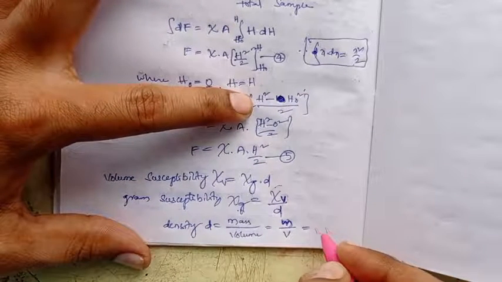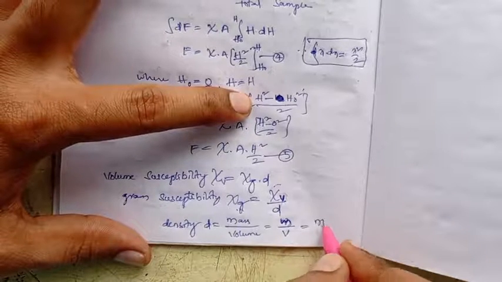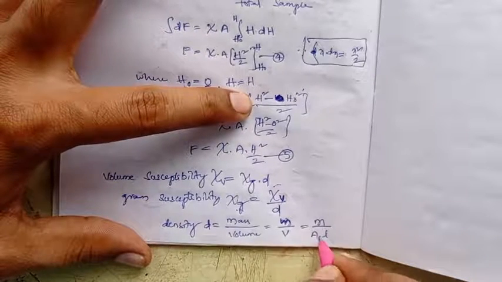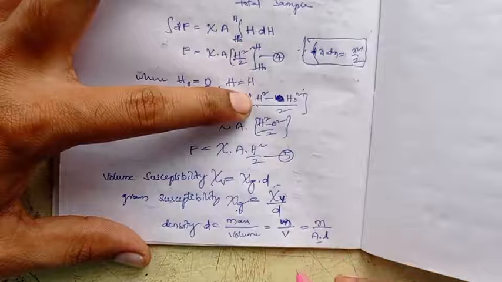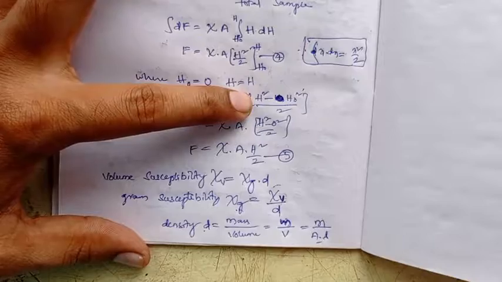Volume is equal to area into length, so d can be m by A l.